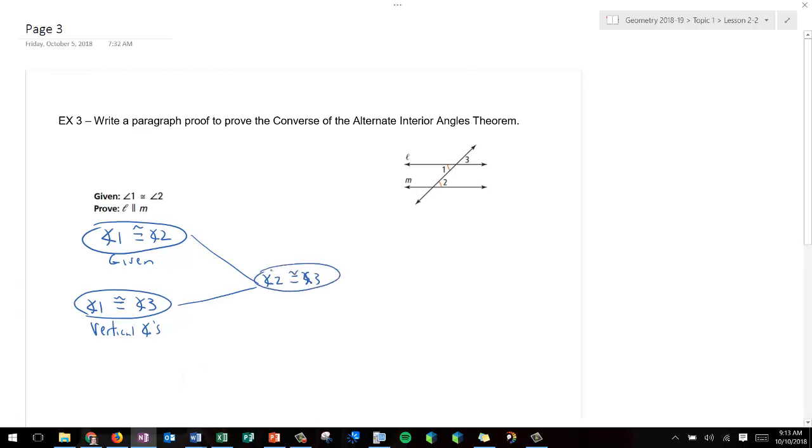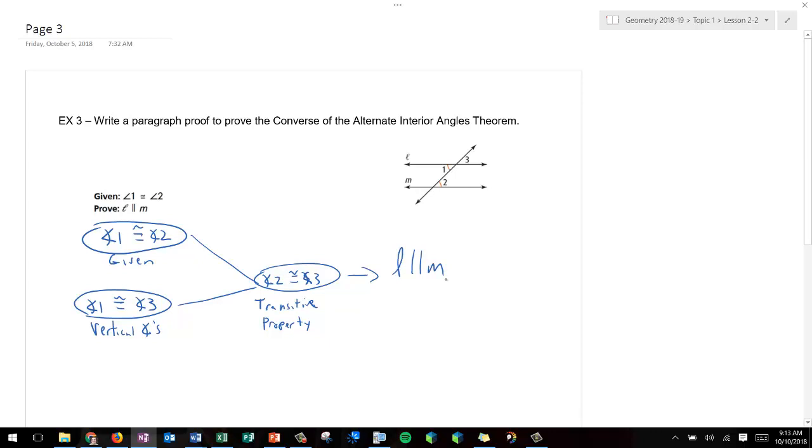My reason for that is the transitive property, or substitution. It's your choice, but I'm going to say transitive property. Since we know that 2 and 3 are congruent, those are known as corresponding angles. So since we were given these interior angles, and we ended up with corresponding angles, we now have that L is parallel to M.